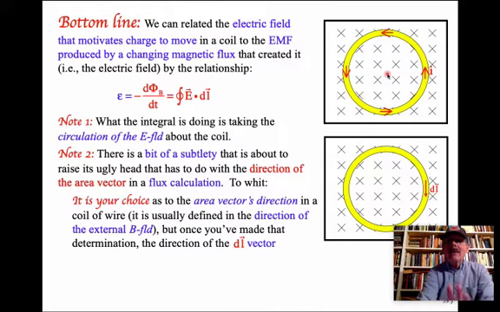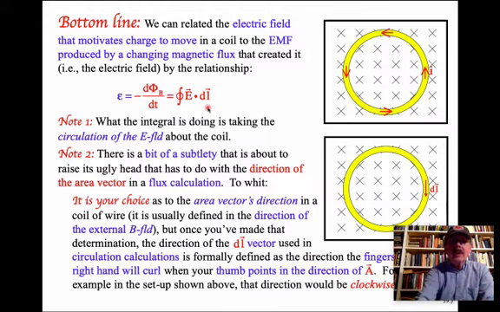Once you've defined your direction of A, dl has to be in a particular direction by definition. Effectively, once you've identified the direction of A, you take the thumb of your right hand and put it in that direction, and the direction that the fingers of your right hand curl gives you the direction of dl.